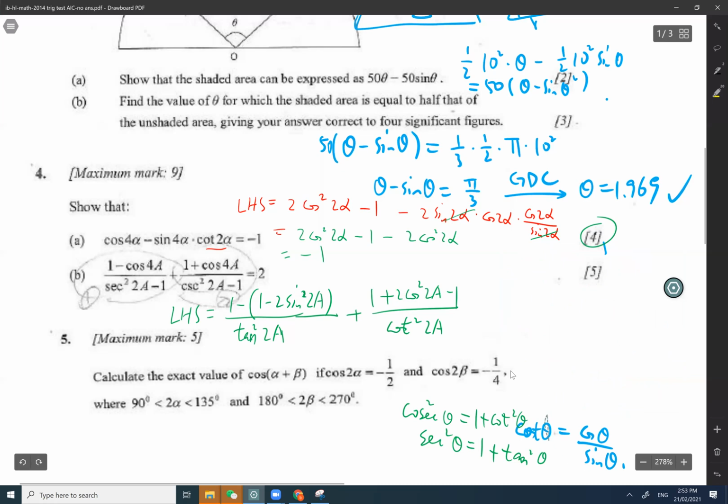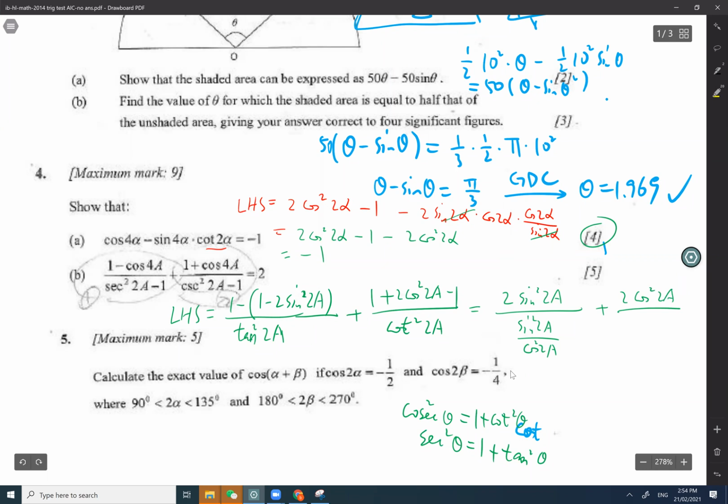Okay, which is 2 sine squared 2a, sine squared 2a over cos squared 2a, 2 cos squared 2a over cot, cos squared 2a over sine squared 2a.